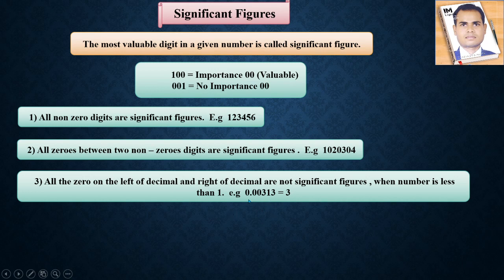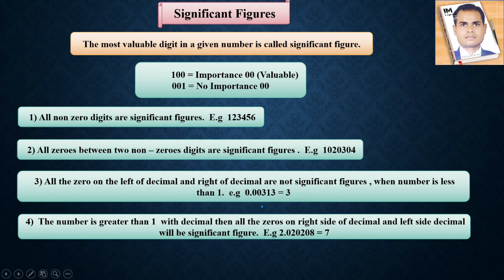For example, take 0.00313. The decimal point is here, and this 0 on the left-hand side and these two zeros on the right-hand side we can't count as significant figures. Except for these zeros, we count only 1, 2 and 3. So in this number 3 significant figures are present, right?